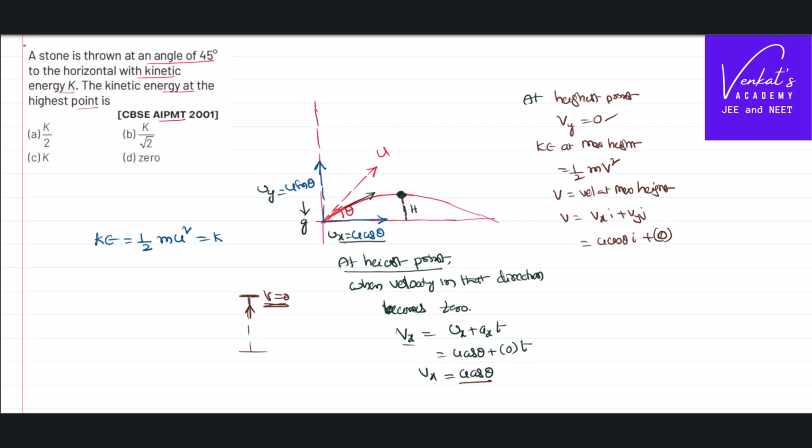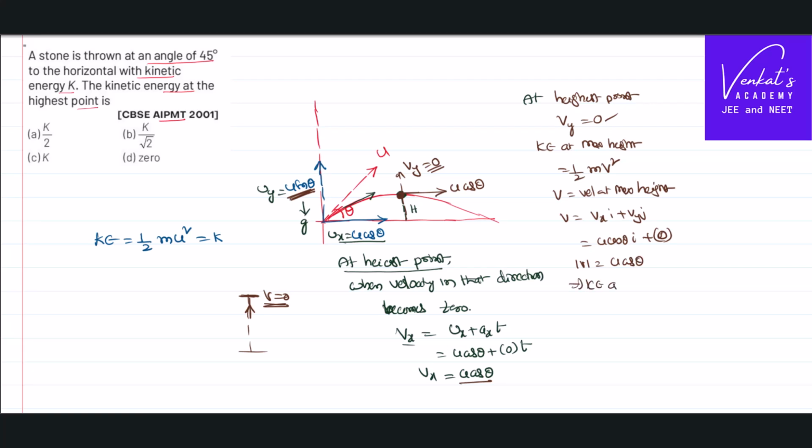Vy is 0, though Uy, u sin theta, is there. As time progresses, this decreases, and finally here it becomes 0. So it has only velocity u cos theta, where Vy equals 0. That's what is called maximum height. So the magnitude of velocity at maximum height is u cos theta.